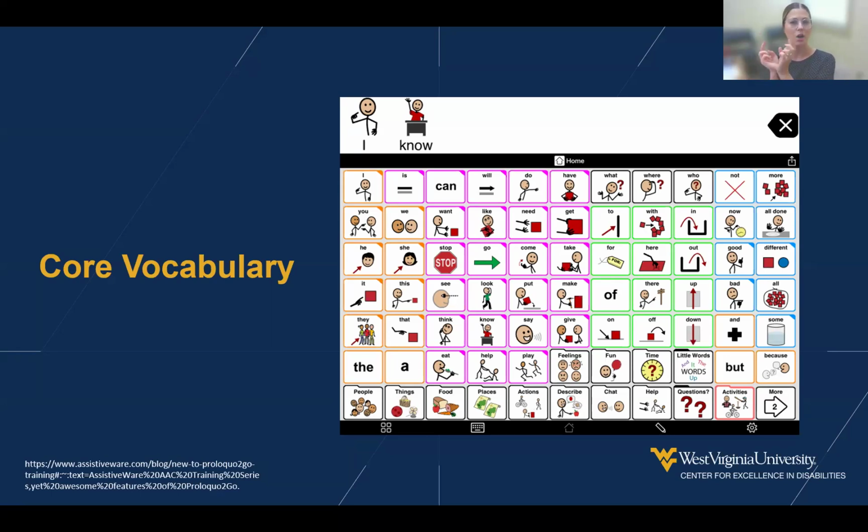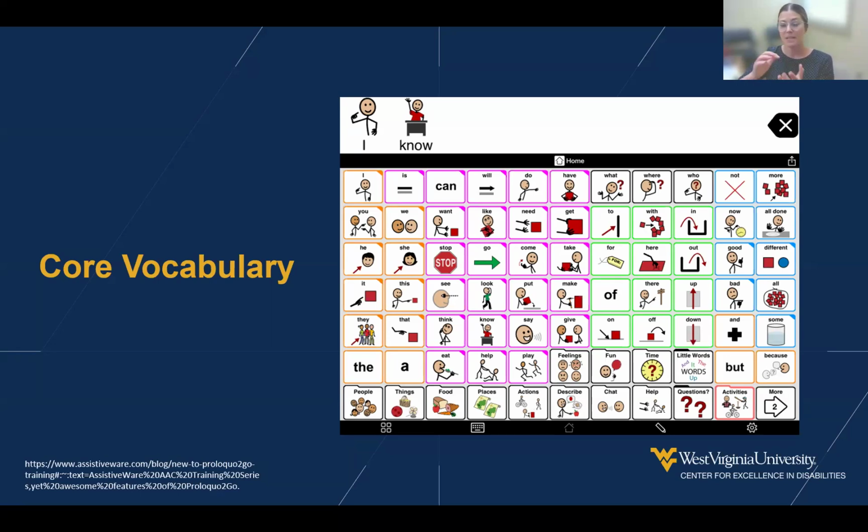The 20% that are fringe vocabulary are the specific categories that we use. And those are really particular to each person. It's individualized. So that's whenever you see at the bottom here a lot of the folders. The folders in this are kind of category based, where you see people, things, food, places, actions. So when you click on those folders, it opens up into those respective categories. And those are where you'll find the fringe vocabulary.